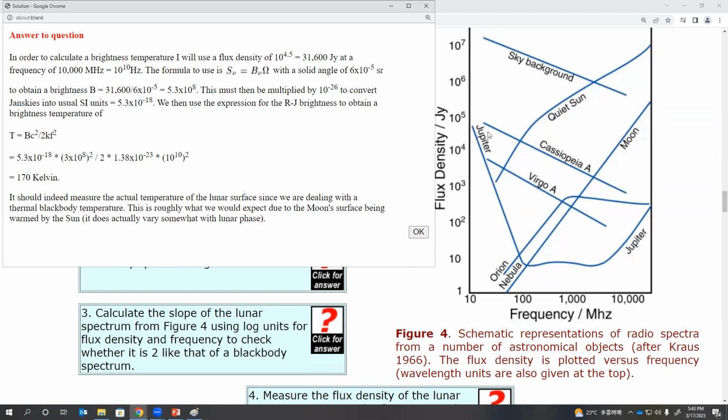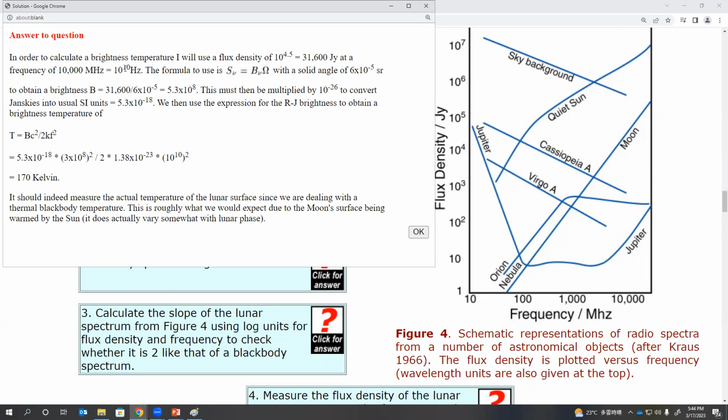You draw a horizontal line corresponding to 10 to the power 4.5, and you evaluate it, you will get 31,600 Jansky, which corresponds to 10,000 megahertz, which is equal to 10 to the power 10 hertz.